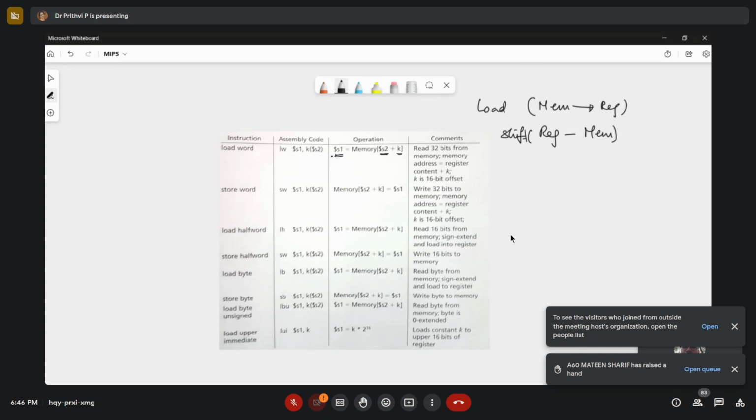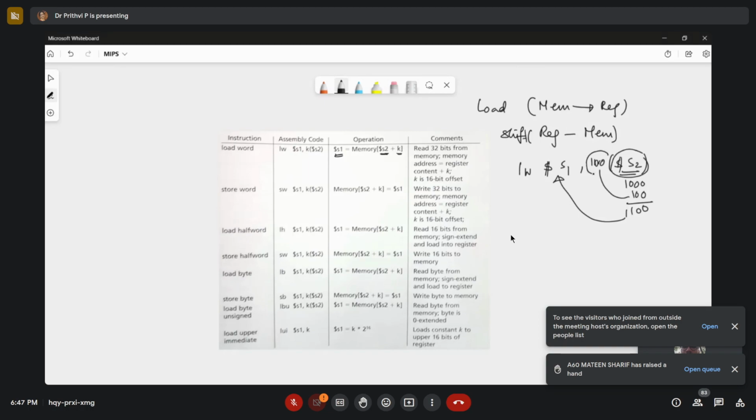Something like this: if I say 100(S2), and S2 has a value like 1000, that will be added with 100, and the content at that address will be stored onto the register. This is your memory location.